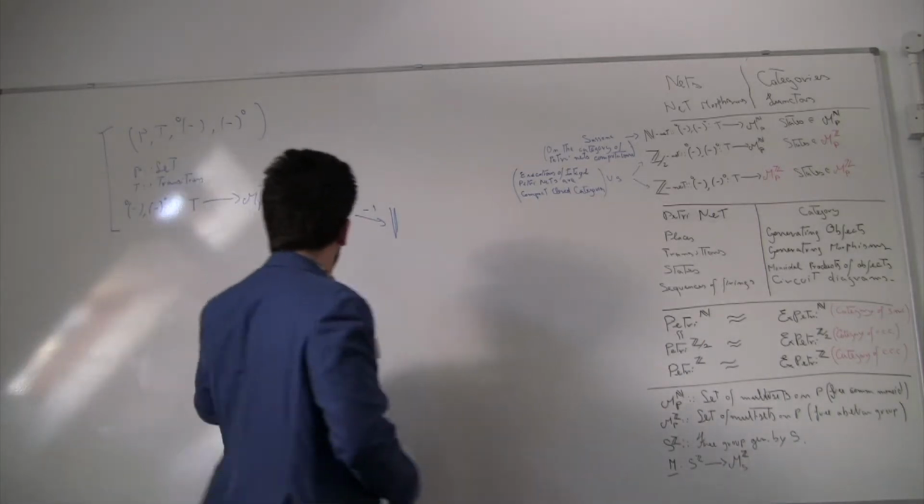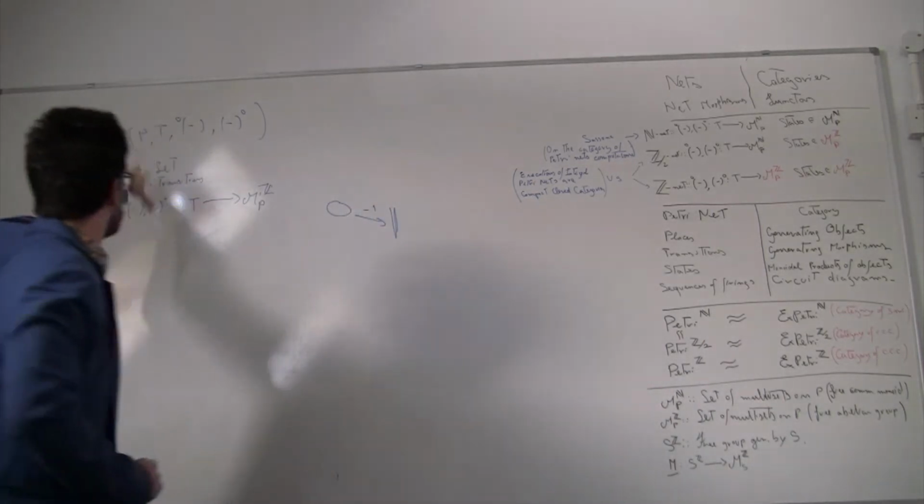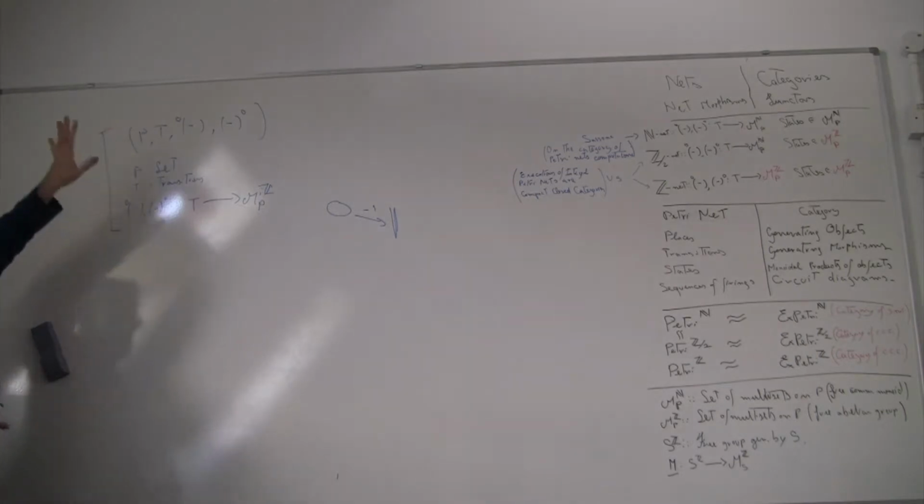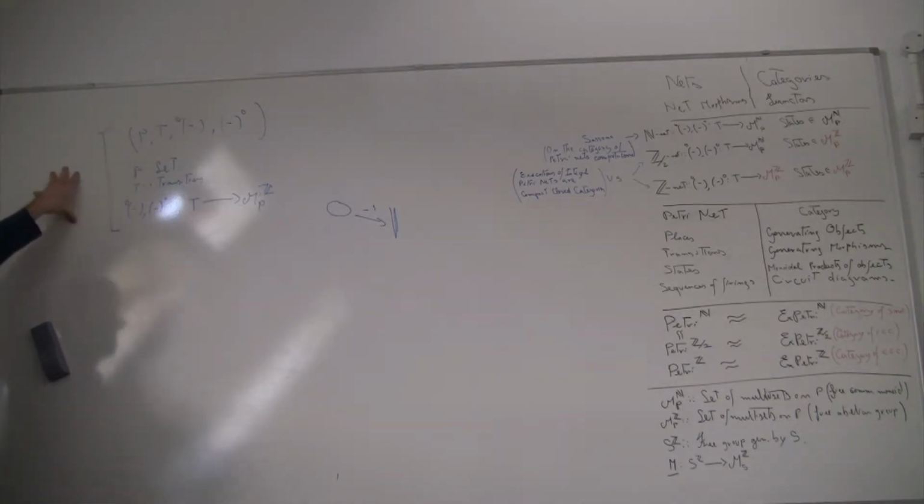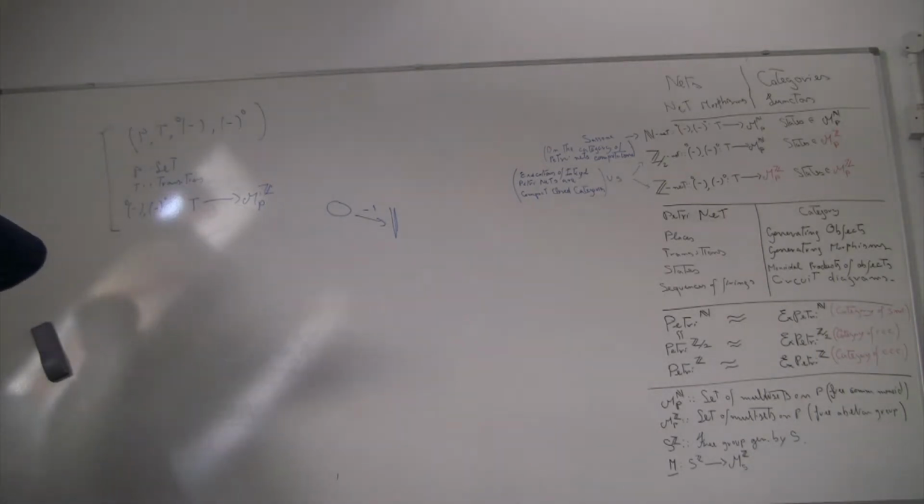Now, the first thing we want to do is to define a category with Petri nets as objects and simulations. Sorry, is there any difference between consuming -1 tokens and outputting 1 token? We'll get to that in a second.